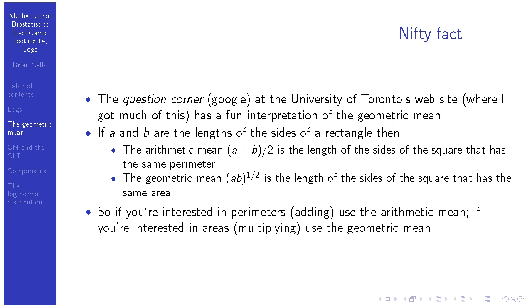The geometric mean, (A times B) to the 1/2, is the length of the sides of the square that has the same area. So if you're interested in multiplicative things like areas, you want the geometric mean of the sides. If you're interested in additive things like perimeters, you want the arithmetic mean. I thought that was really cool when I read that.